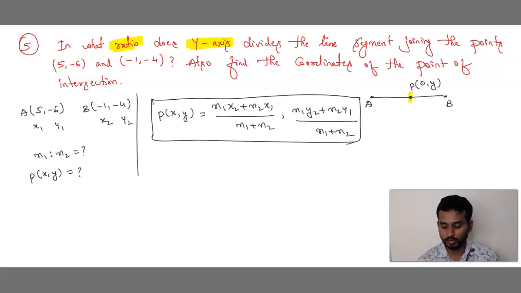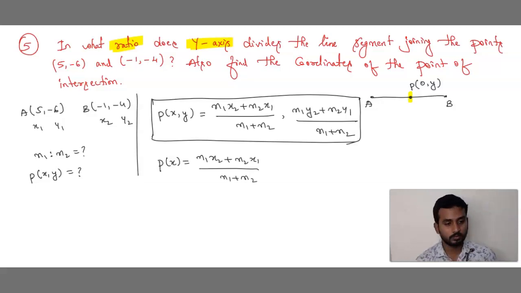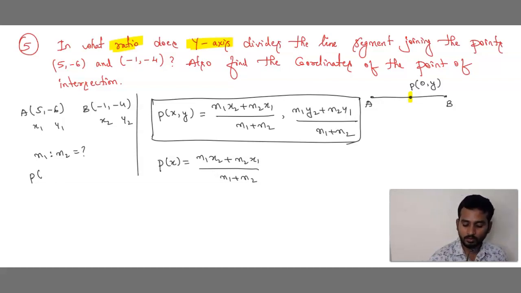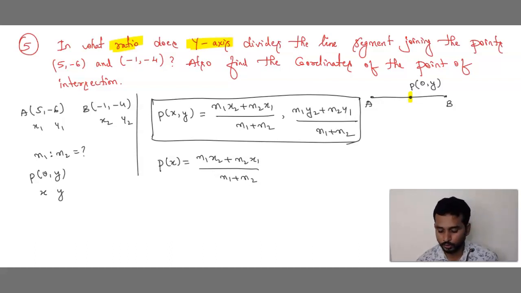Now I take its coordinate. P of x is equal to m1 x2 plus m2 x1 by m1 plus m2. Do you have x? Yes. P of x, y is 0, y. So x value is 0, y value will be the y value. Let me substitute those values.